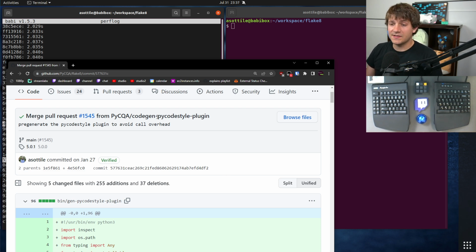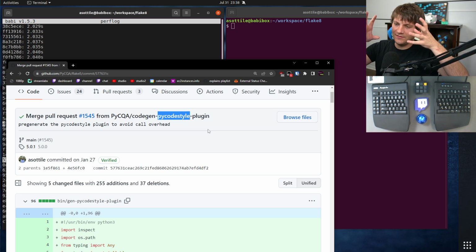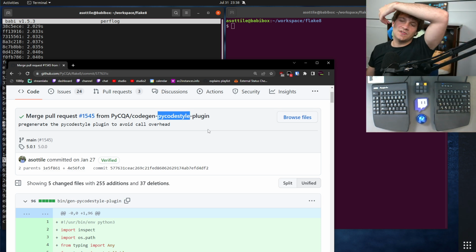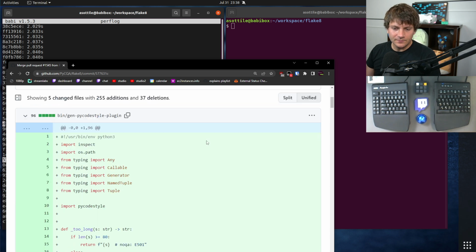And one of the built-in plugins is called pycodestyle, and pycodestyle provides something like 30 functions that do different linting things. Every time flake8 has to call one of those functions, it has to figure out what information this plugin needs, build up the dictionary of the keyword arguments for that plugin, and then call the function with those keyword arguments. And it turns out that building that dictionary is not super expensive on its own, but when you do that a bunch of times, it compounds pretty significantly.